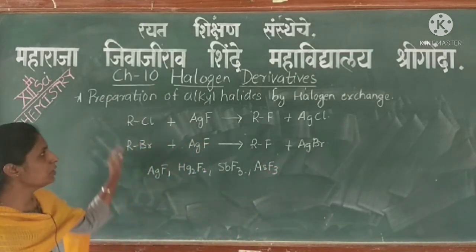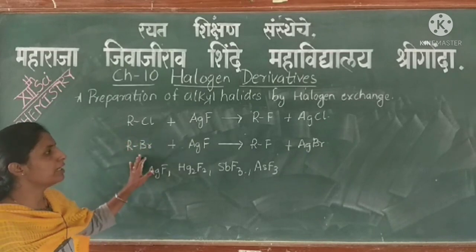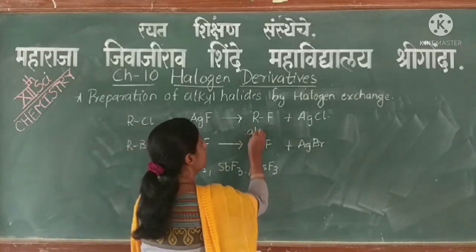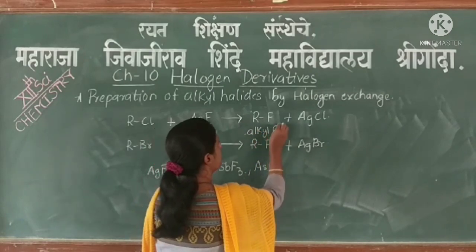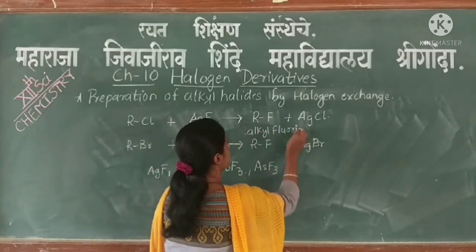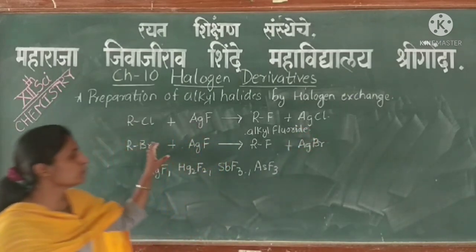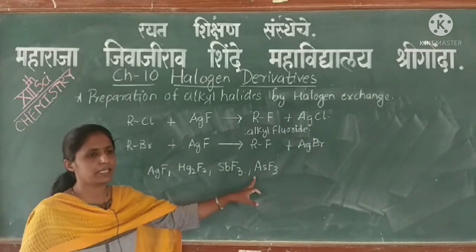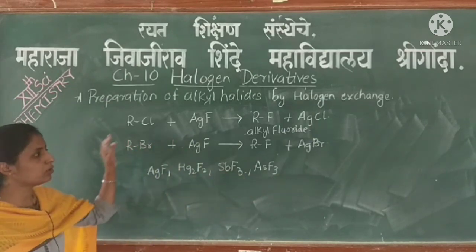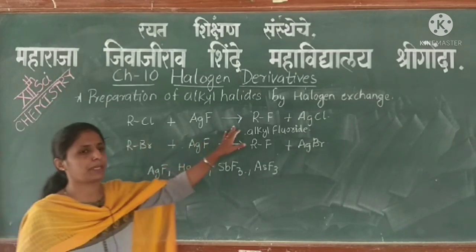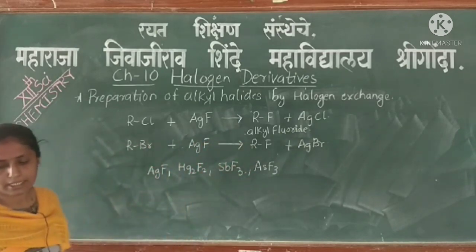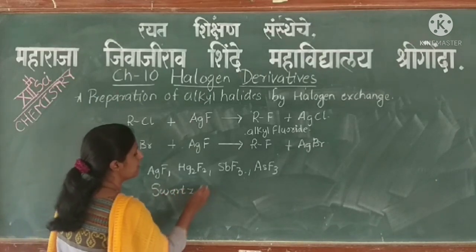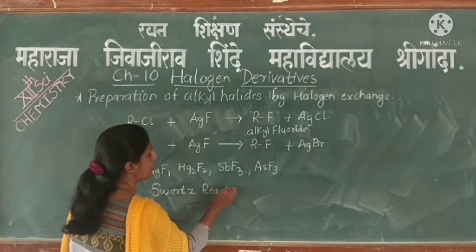Using these reagents, you can convert alkyl chloride or alkyl bromide to the respective alkyl fluoride, and this reaction is known as the Swarts reaction.